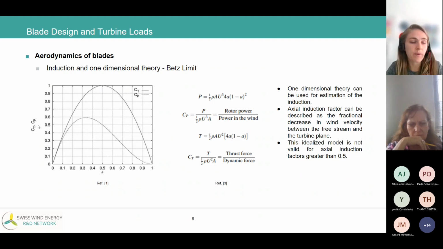The coefficient of power and the coefficient of thrust are a function of the axial induction, and we can see that the maximum power coefficient will be at an axial induction of around 0.33.